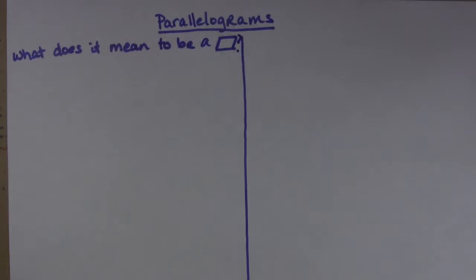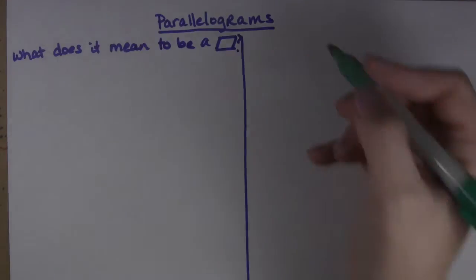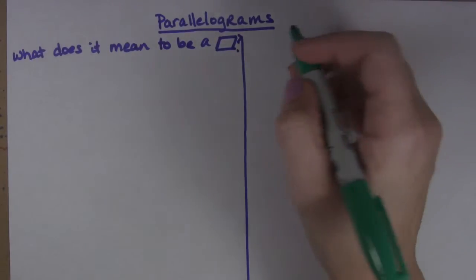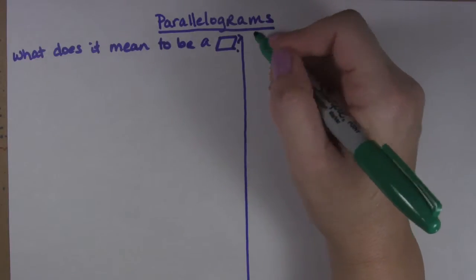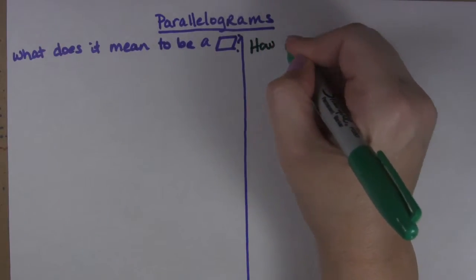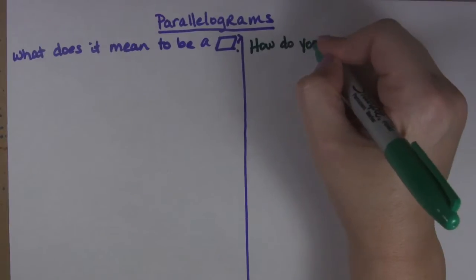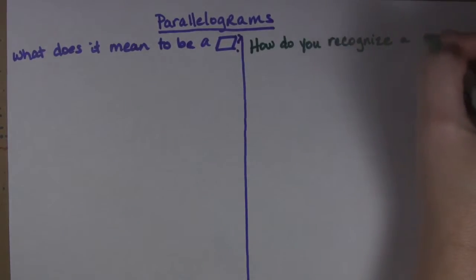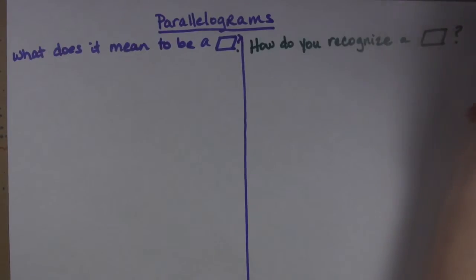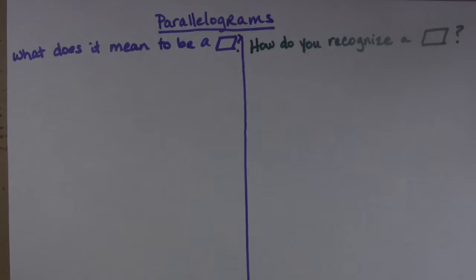So it's kind of a little slanted rectangle. And then the second part of our video is how do you recognize a parallelogram? So those are the two things that we are going to focus in on.